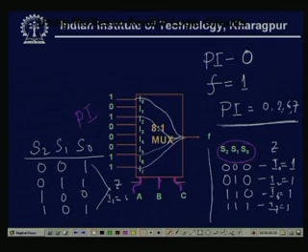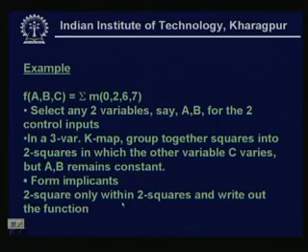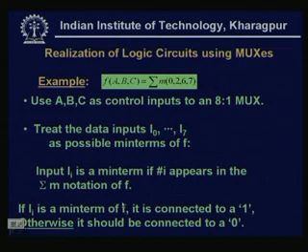That means, I1 equal to 0, I3 equal to 0, I4 equal to 0, and I5 equal to 0. So, this 8 to 1 multiplexer is nothing but the realization of the function sigma m 0, 2, 6, 7.